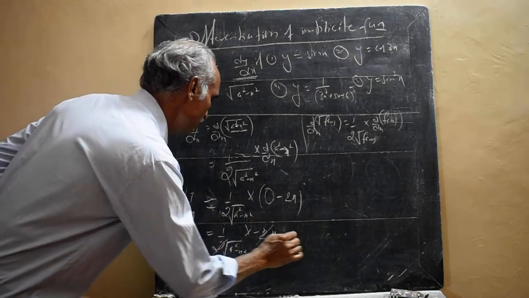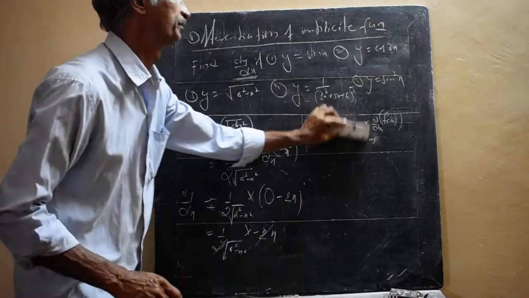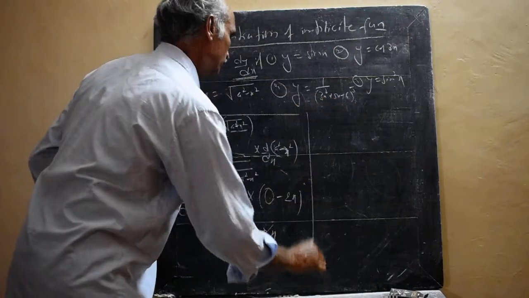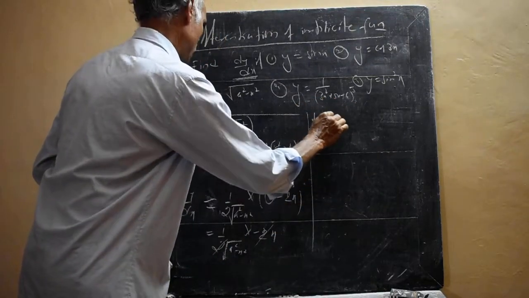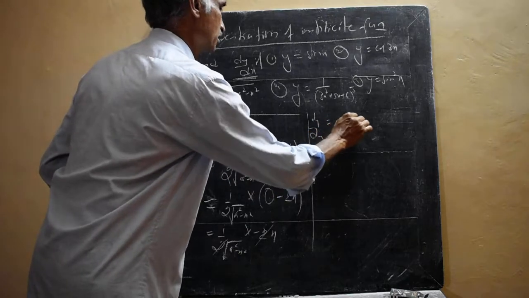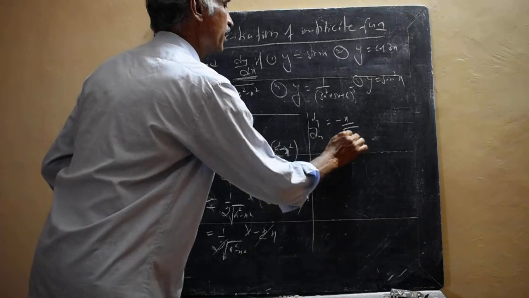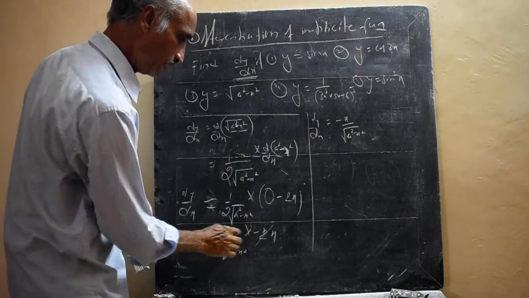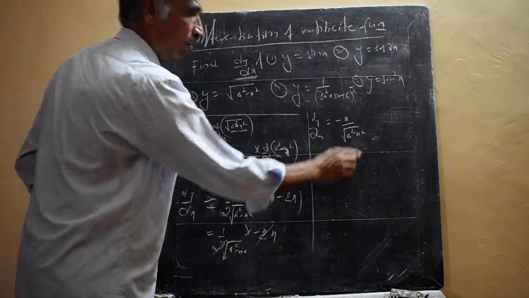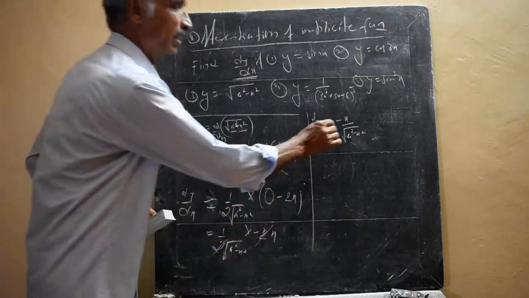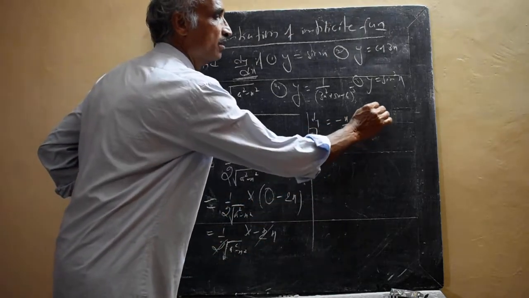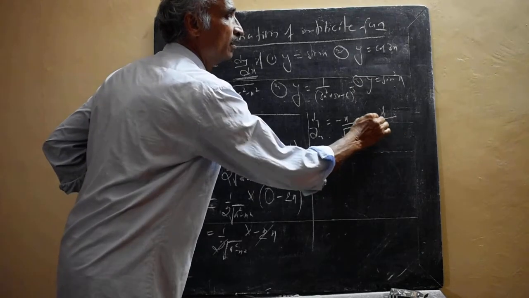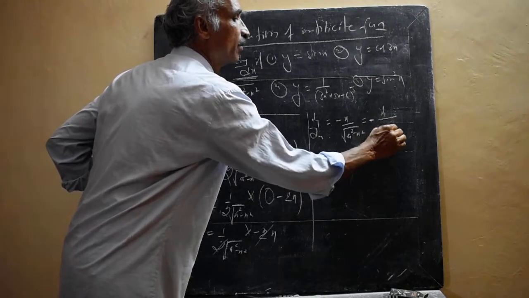Finally, the answer is dy by dx is equals to minus x upon root of a square minus x square, which is 1 into minus x upon root of a square minus x square. It is better to write the minus in the middle: minus of x in the numerator, root of a square minus x square.